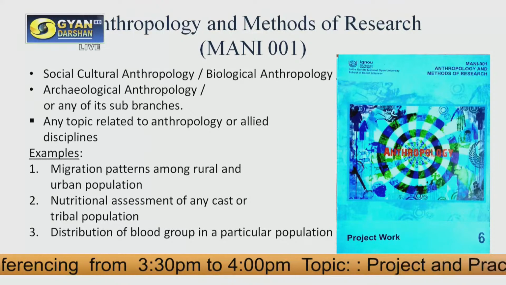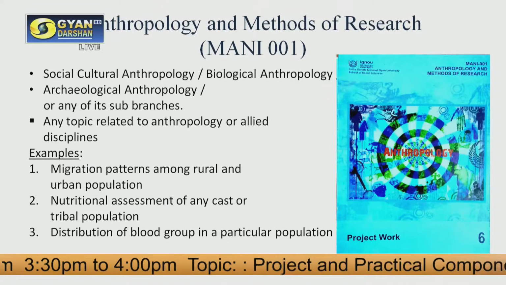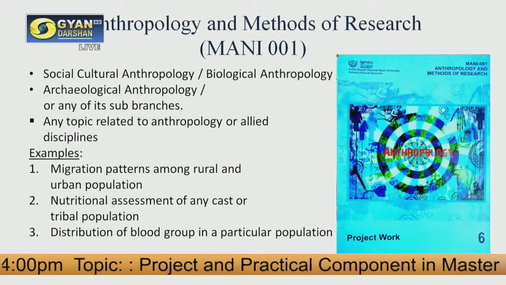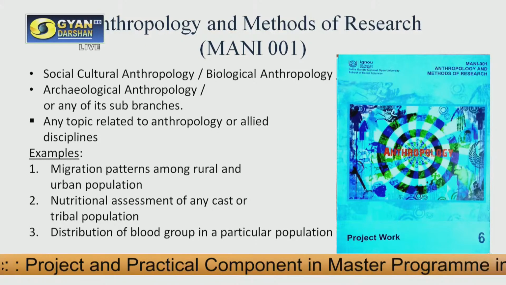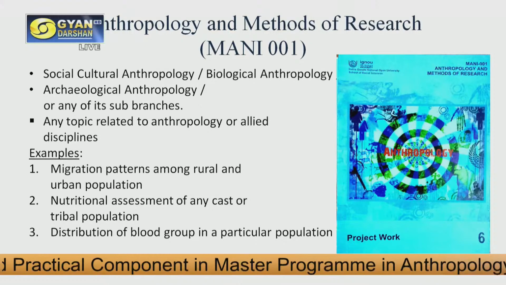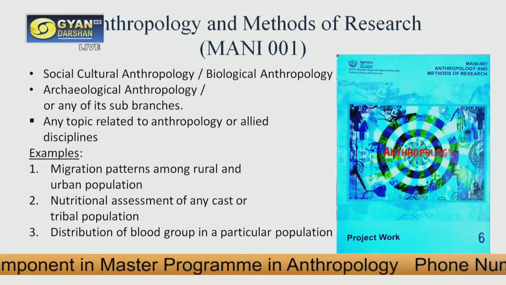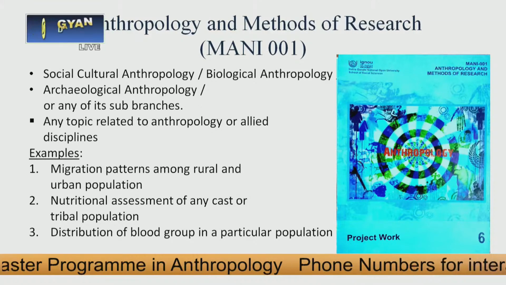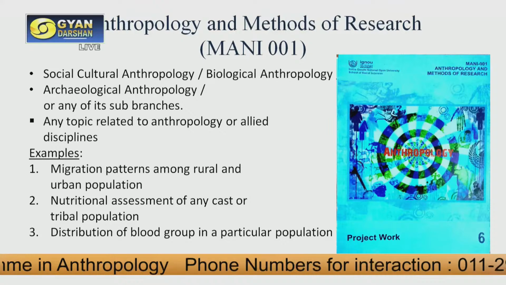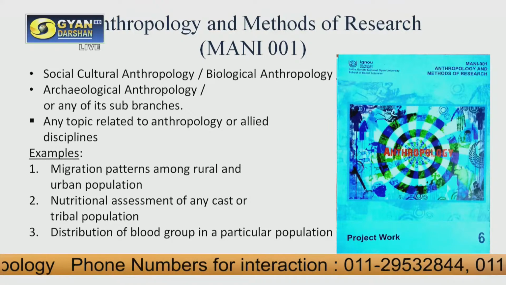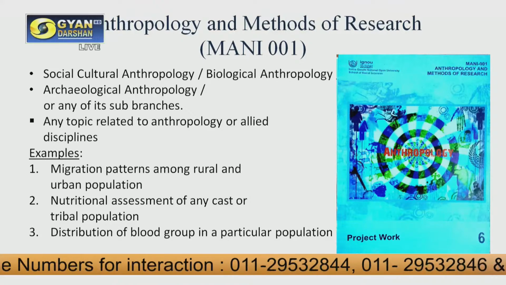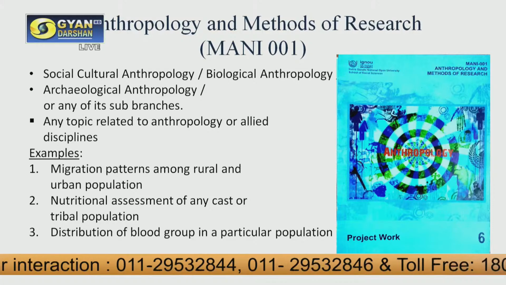For example, I am giving you a few examples. Migration pattern among rural and urban populations, because the students can study how the migration pattern from rural to urban impacted their livelihood, whether they have developed any economic impact or any stress they are feeling, etc. This kind of topics we can choose and work on.